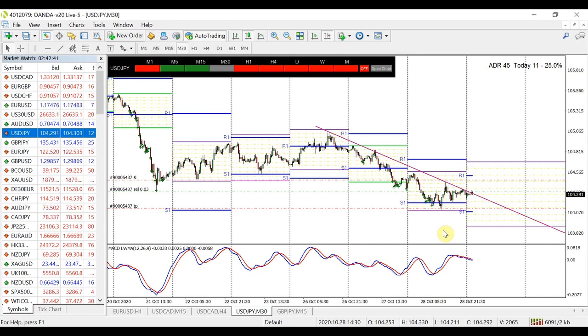And one thing that also gives it a higher probability is where R1 and S1 are in relation to the ADR. As you can see here, these purple lines and these green lines are the ADR for today and the previous days. What you're looking for is R1 and S1 to be inside the ADR band. The ADR is the average daily range.